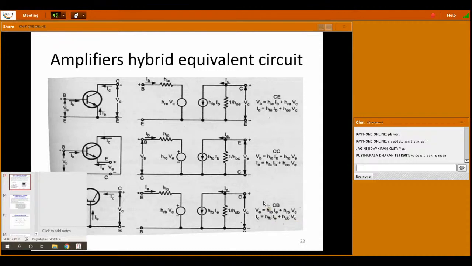Next, the dependent variables are input voltage and output current. So input voltage VE is equal to HIB IE plus HRB VC, and IC is equal to HFB IE plus H0B VC.